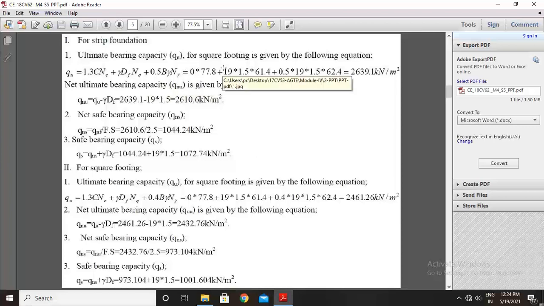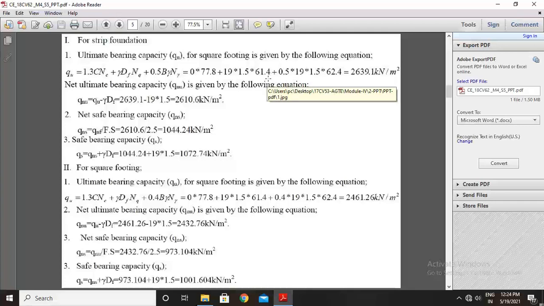Now substitute the values in this equation. So here C is 0, NC is 77.8 based on the phi value, plus gamma is 19 into Df is 1.5 into NQ is 61.4.